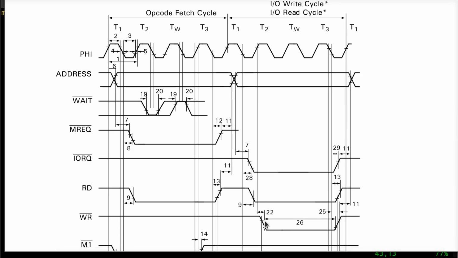Okay? And remember, my goal is to accept the write transaction on the falling edge of TW. So what I can do is when IO rec and write together are both true, I wait for a falling edge, and on this falling edge, I assert my tick signal.